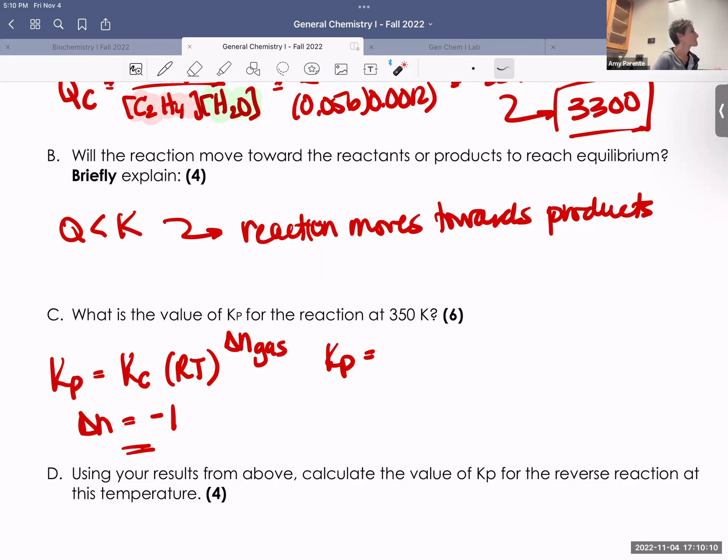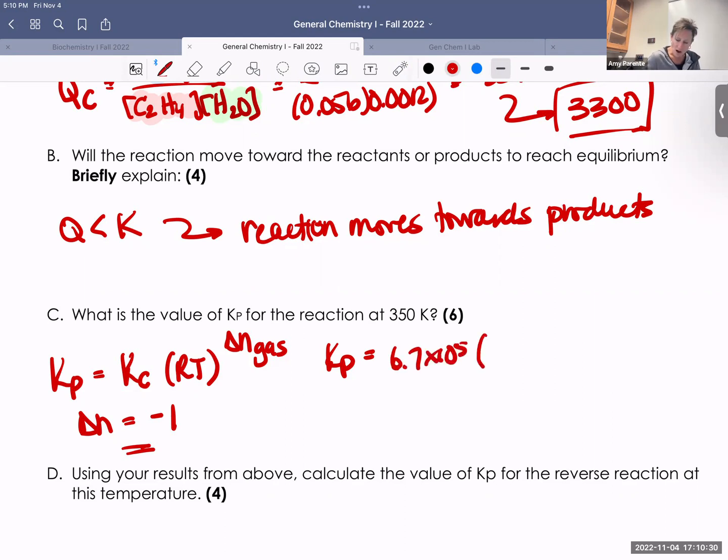But then we have a negative already, would it just become positive? Yes. Good question. So if this was this equation and it had a minus up here, -1 is +1. So Kp is equal to Kc, which is 6.7 times 10 to the 5th.